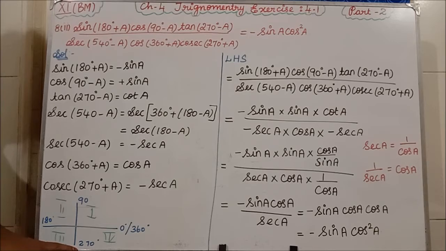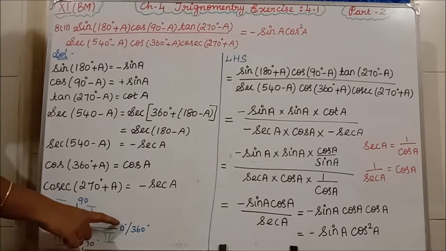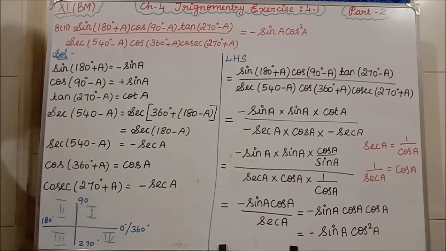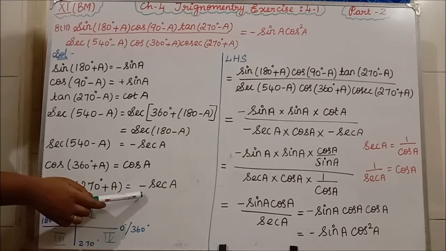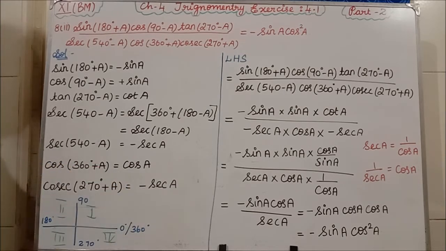Addition to 270 means it will go like this only, so it will lie in the fourth quadrant. In fourth quadrant, cosecant is not positive. Only in second quadrant cosecant is positive. Clear? So in fourth quadrant cosecant is not positive. So I am writing minus secant A.